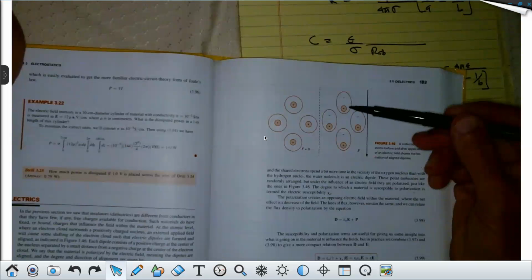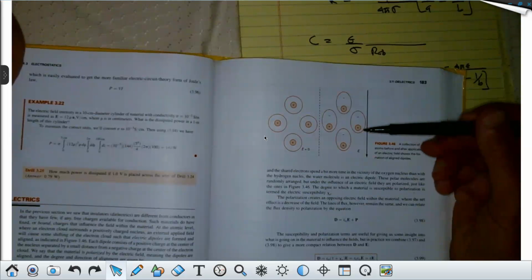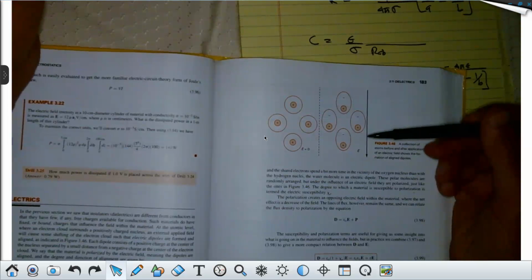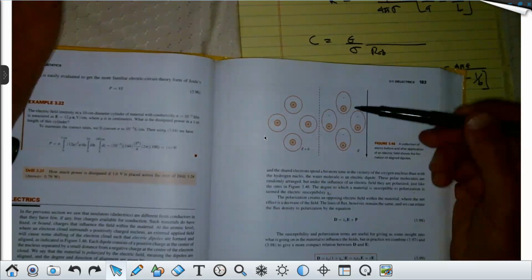Now, the thing about a dielectric that's important to understand and appreciate is this. In his book, he shows us dielectrics have bound charge dipoles in them. Like water, you know, is a dipole, but it's not bound in a true sense. Most dielectrics that are solid, in fact all, have something like this.